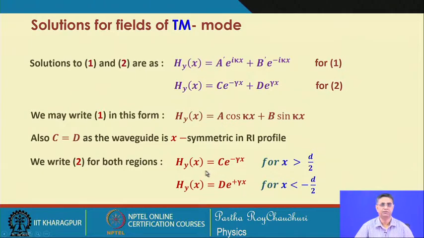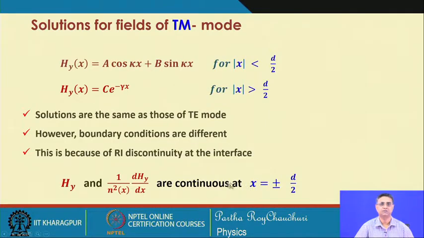So, everything remaining the same, we write the exponentially decaying field in the cladding region in terms of e to the power of minus gamma x and e to the power of plus gamma x for the positive and negative x regions of the cladding layer.